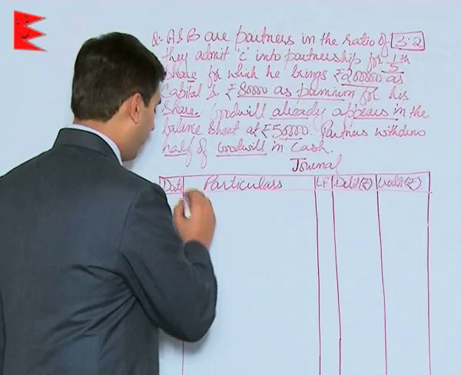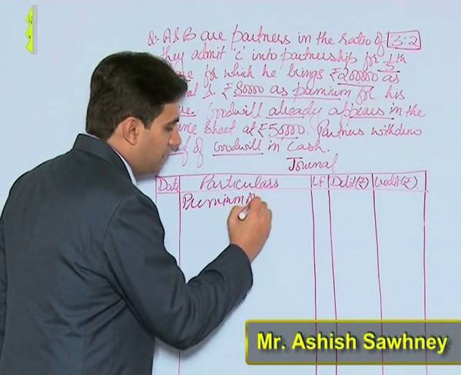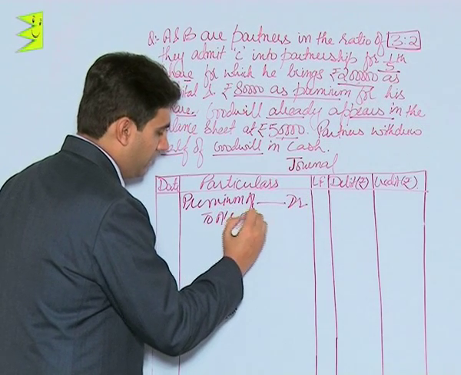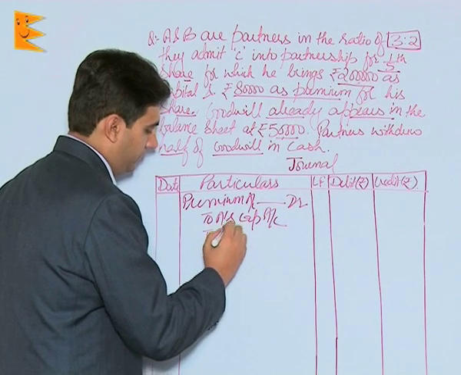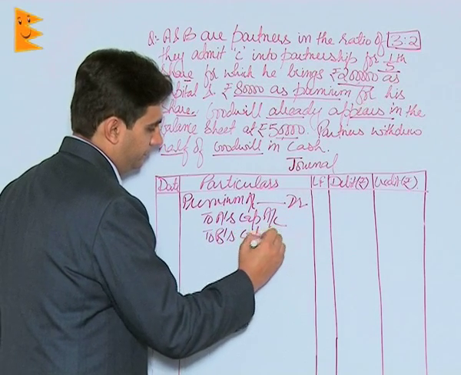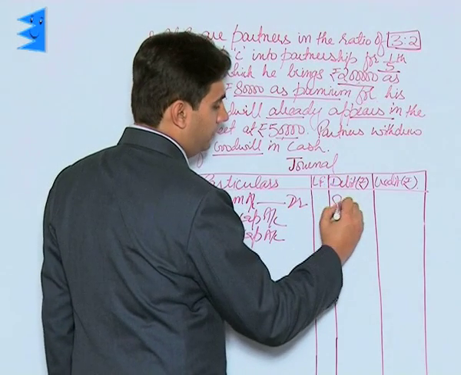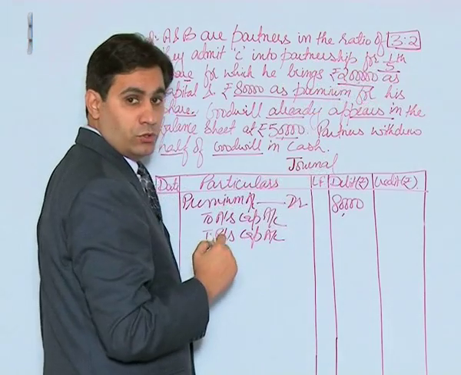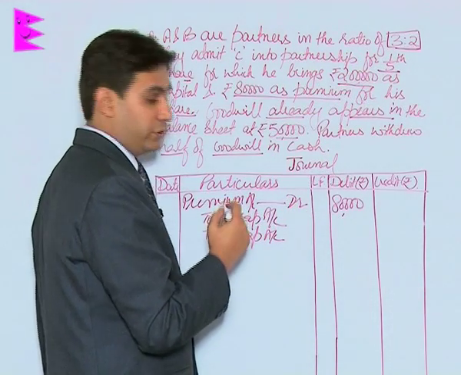Now the premium of 80,000 would be divided among old partners, that is A and B. So the entry would be premium account debited to A's capital account, to B's capital account. The amount of premium was 80,000 and the sacrificing ratio is 3:2. So we'll divide 80,000 in the ratio of 3:2.